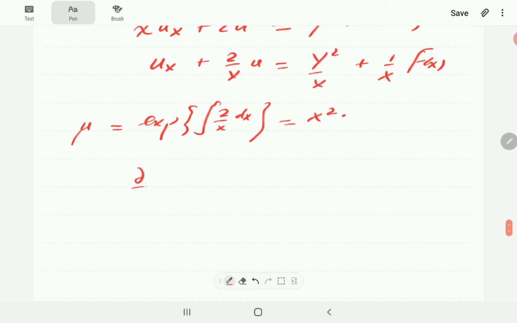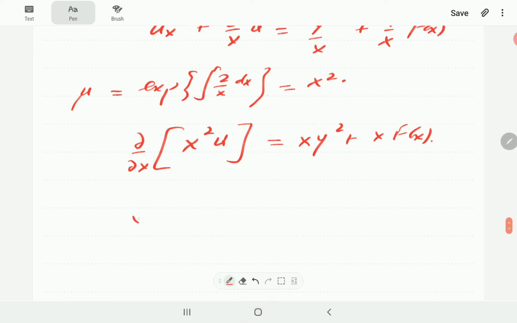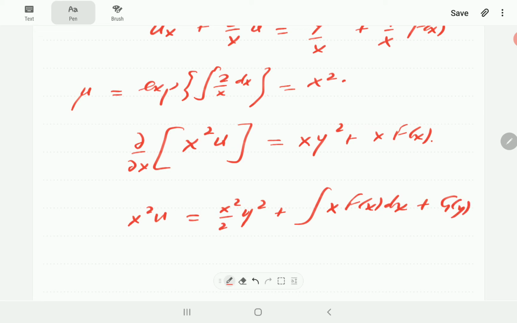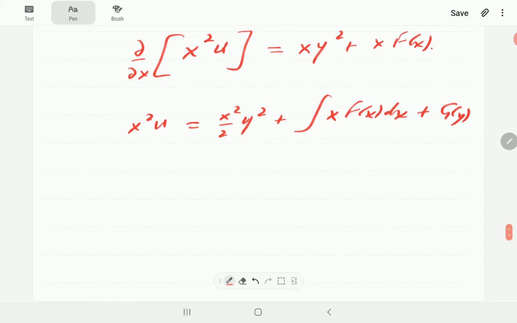So that means this left hand side, if we multiply everything by x squared, we can write it like this. This becomes x squared u_x equals y squared x plus x f of x. Then we can integrate this. So we're going to have x squared u equals x squared over 2 y squared plus the integral of x f of x, but then we have to add a function of y.